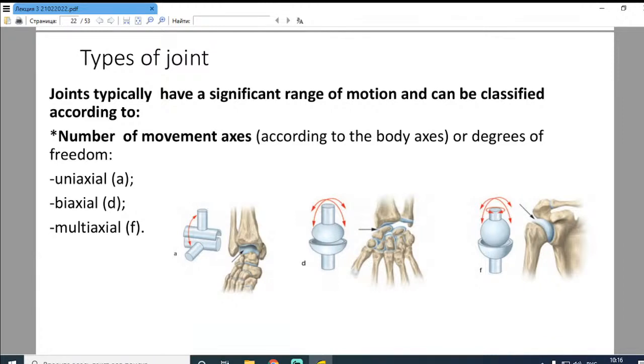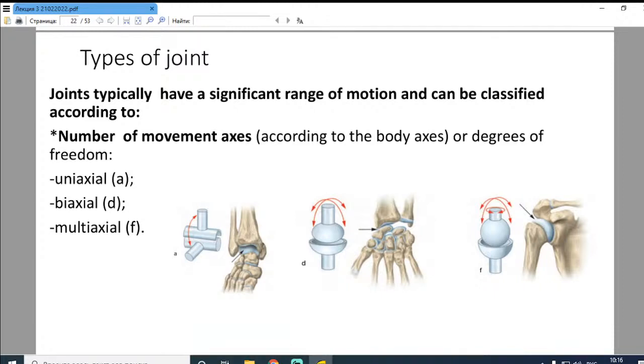First, uniaxial, this is the ankle joint, and biaxial joint, wrist joint, and multiaxial, you see shoulder joint. This is three types.